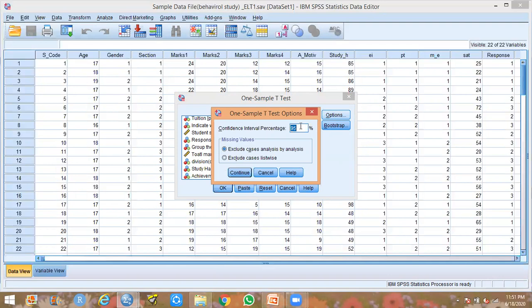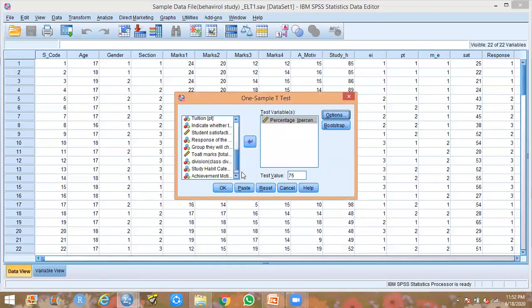There are different confidence levels we can have, like 90%, 95%, 98%, and 99%, right? Here you are testing your statistical null hypothesis with a 95% confidence level. There may be a chance of losing confidence, that is 5%, right? Now I'm continuing.